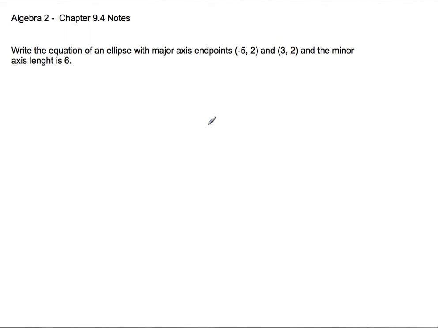So now we're looking at writing an equation of an ellipse with a major axis with endpoints (-5, 2) and (3, 2), and a minor axis that should be length 6. So a, we don't know. c, we don't know. b, we don't know.